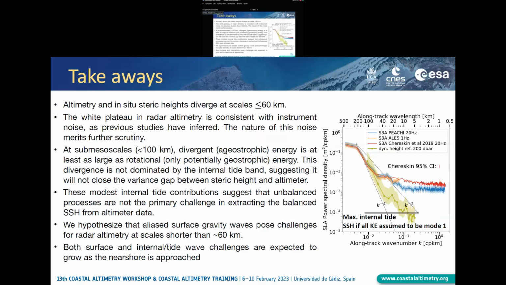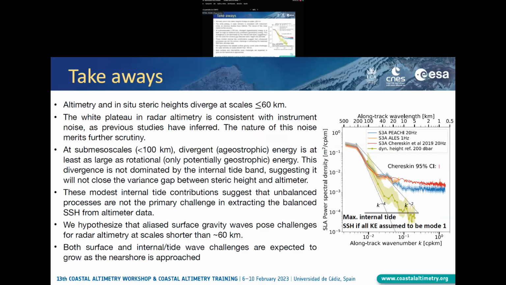And possibly with the influence of this white plateau noise, which I don't quite understand exactly what the source of it is, or what the various contributions are that lead to it. What we know is that we can estimate some processes from either directly in situ measurements or inference from the radar. And we don't think we're missing a big signal that would be problematic, like the internal tide.